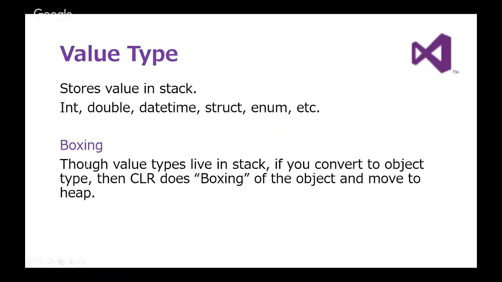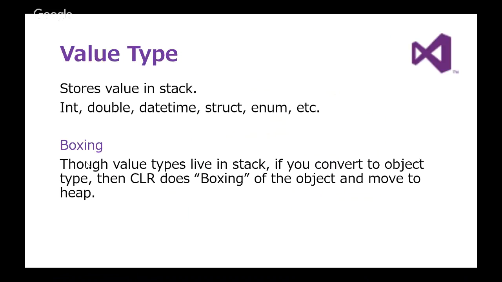And boxing. The value type, as I said, lives in the stack, but in C#, we can cast the value to something else. And every object in the .NET Framework inherits from object. And object is a reference type, not a value type. So if I put an int value into an object, it becomes an object, meaning the value type becomes a reference type.